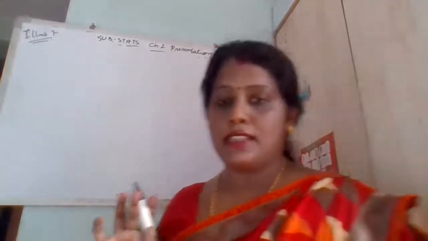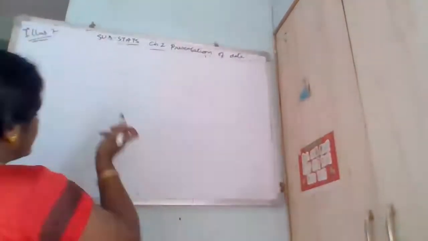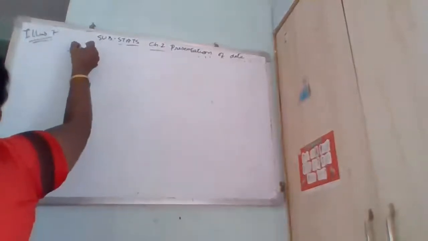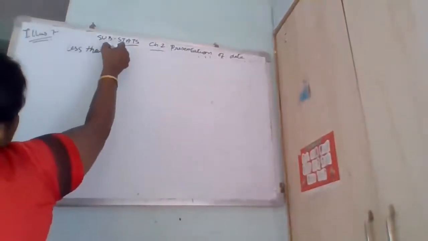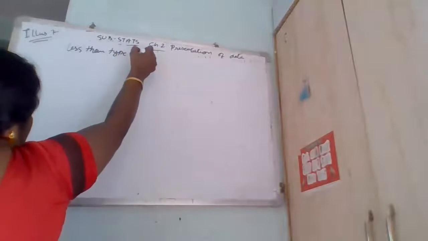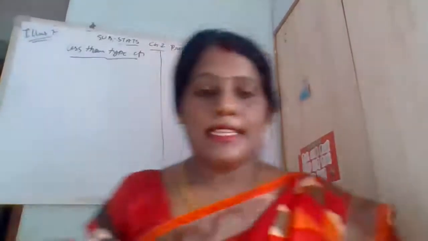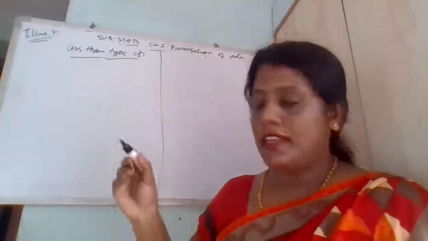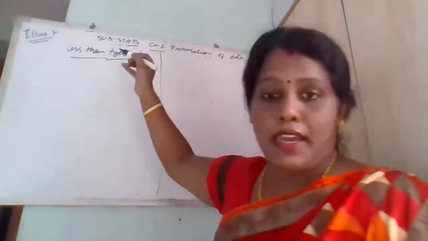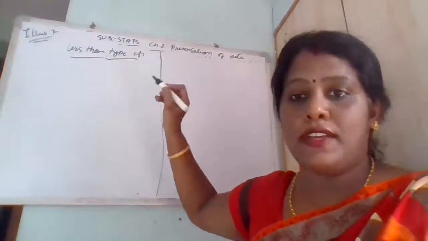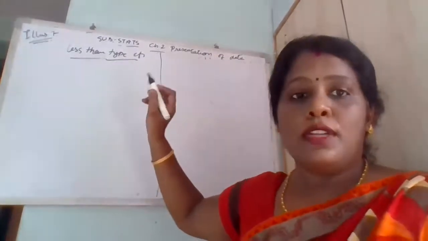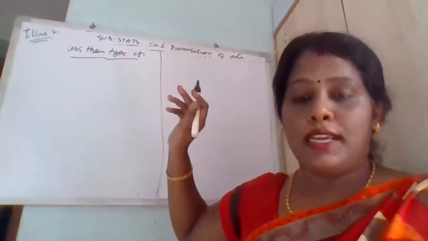Now in the 7th illustration, I have written less than type cumulative frequency CF. CF means cumulative frequency distribution, right? So you are told to find less than type cumulative frequency and more than type cumulative frequency.